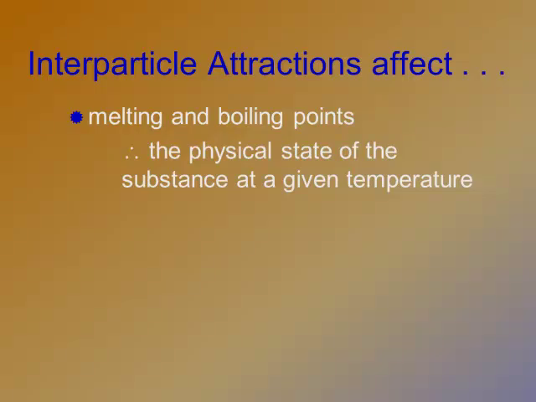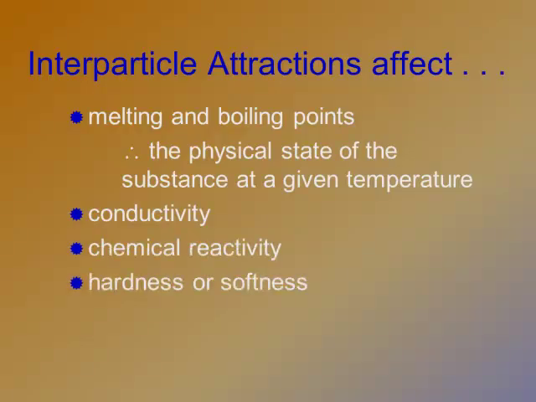Types of particle attractions and their strengths affect a material's ability to conduct electricity or heat, its chemical reactivity, its hardness or softness, plus a lot of other properties. An understanding of a substance's inner particle attractions helps us to understand and predict macroscopic behaviors.